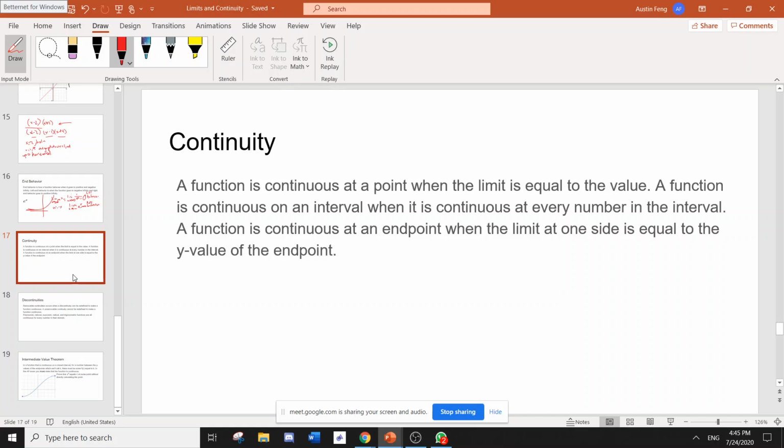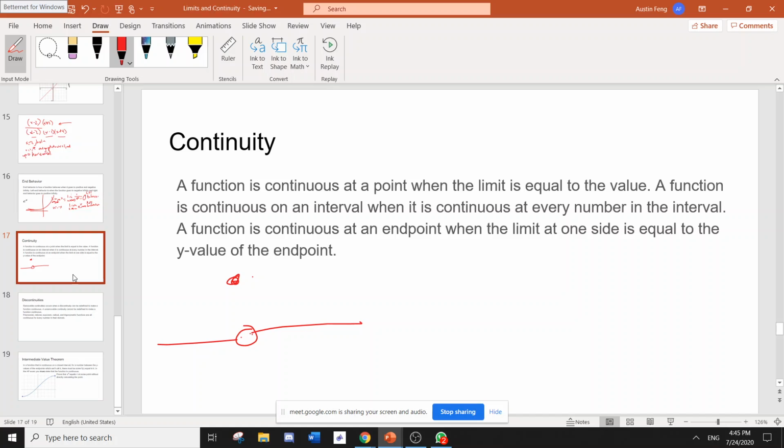Let's say we have 3 cases. Here we have a function, however there's a hole in the middle, and it's redefined to another y value. The limit does not equal the value, because there's a hole where the value should be in order to make it continuous.